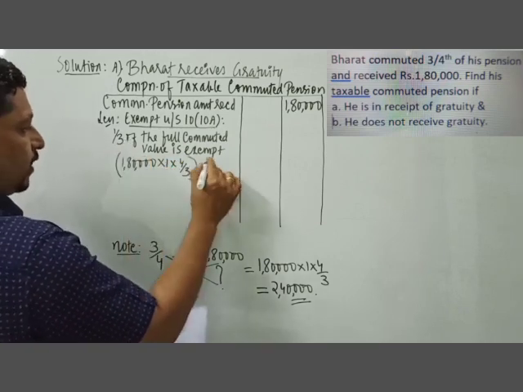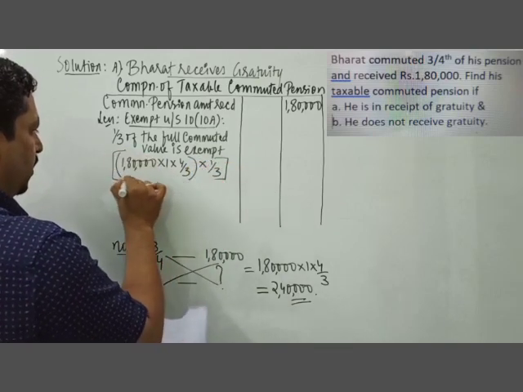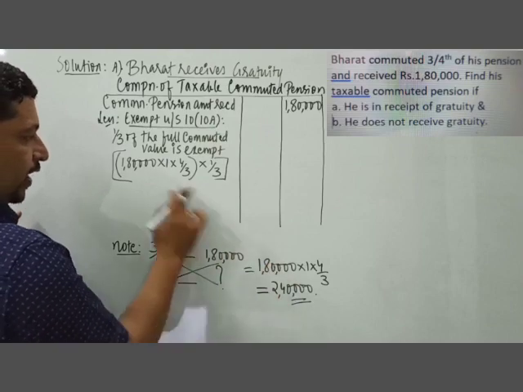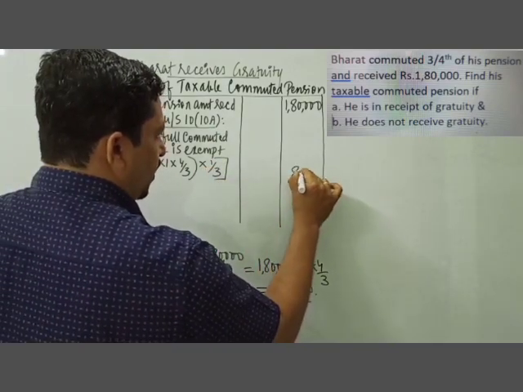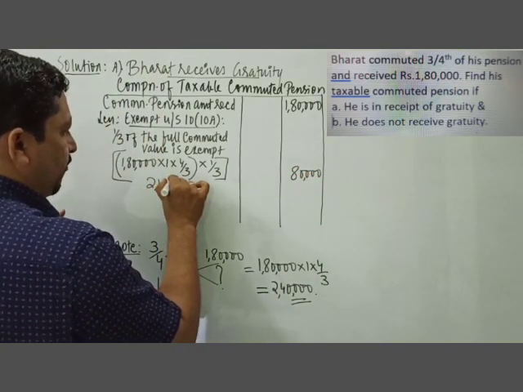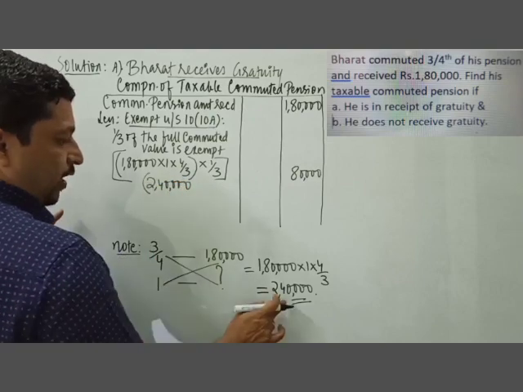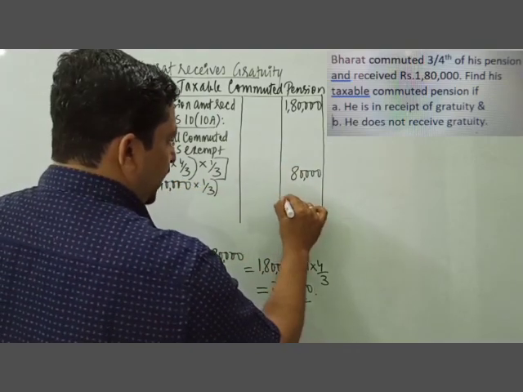And of that, 1/3 is exempt. So I take 1/3 of that. 2,40,000, which we have already calculated here, is the full commuted value. Into 1/3, that will be 80,000.